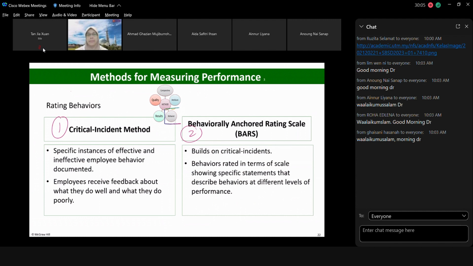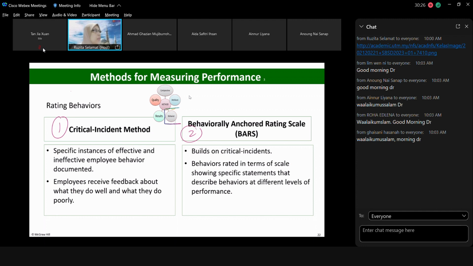Okay. So how's the weather at your place? Is it raining? I understand that even though we are in Johor, we also got a warning of thunderstorms, right?